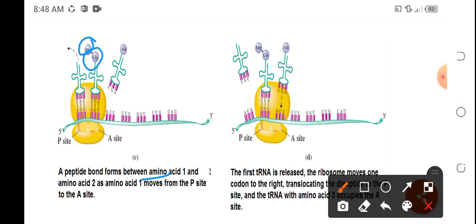At the same time, methionine is released from the first tRNA, because it needs to bond with the second amino acid on the second tRNA. Once it binds, it forms a peptide bond, and the amino acid moves from the P site to the A site.